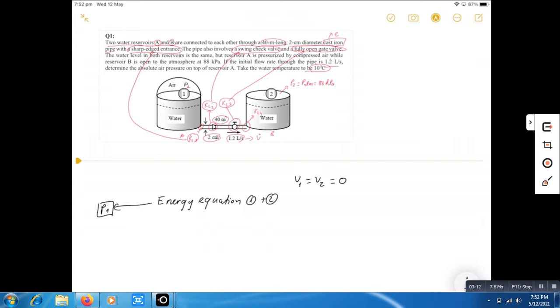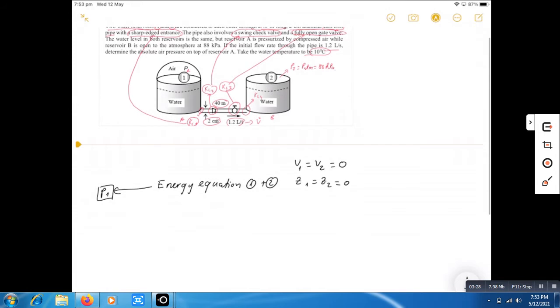Moreover, Z1 will be equal to Z2 because the water level in both reservoirs is the same. So we write the energy equation between point 1 and point 2 to find P1.